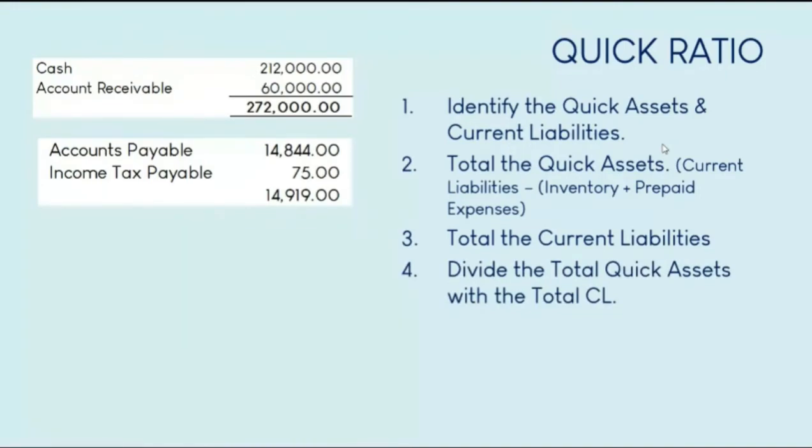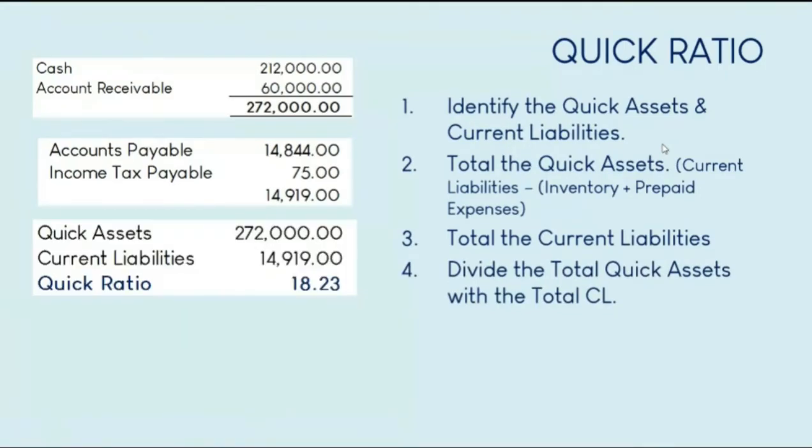Then we divide the total of the quick assets with the total current liabilities. So 272,000 divided by 14,919 is equal to 18.23 ratio.